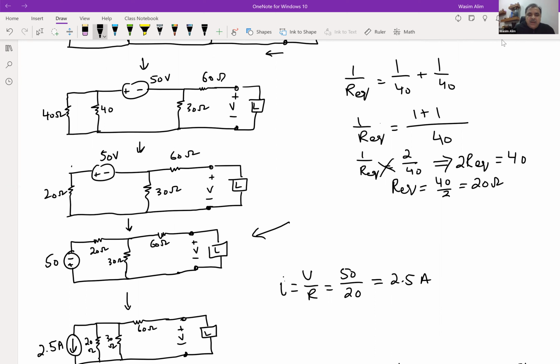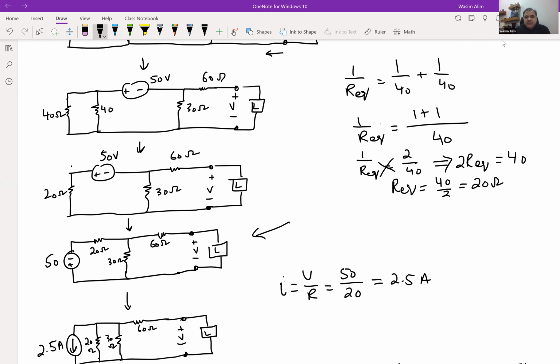I felt that's a lengthier process, and that resolving the circuit by source transformation would be a lot easier. That's why I chose this technique. But if you use the mesh current or node voltage technique, you can still end up at the same result.